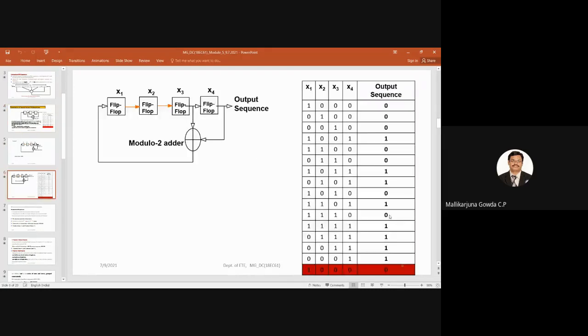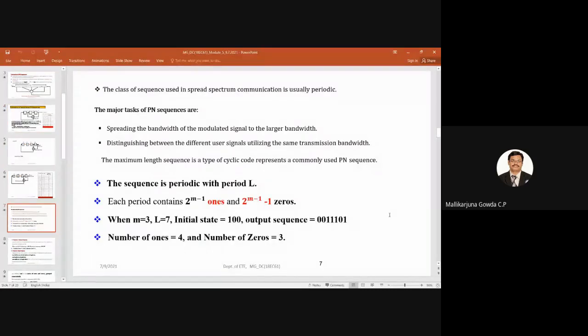Understood that point? Each period contains 2 power m minus 1 ones and 2 power m minus 1 minus 1 zeros. So always the number of ones will be 1 more than the number of zeros. That is the first property we said.